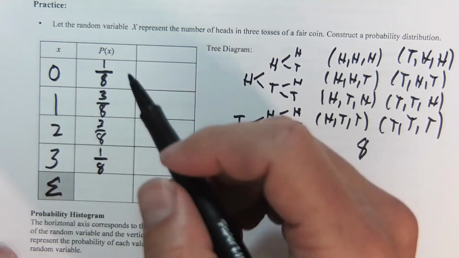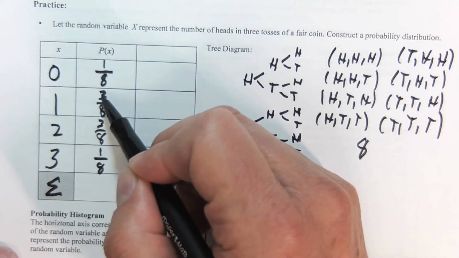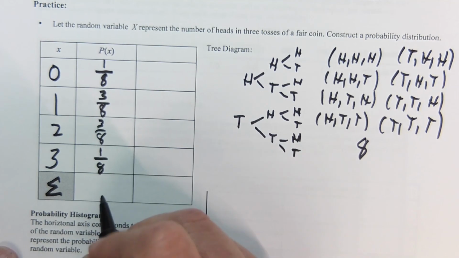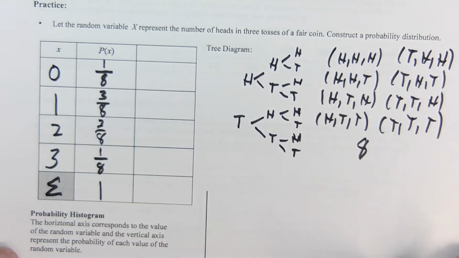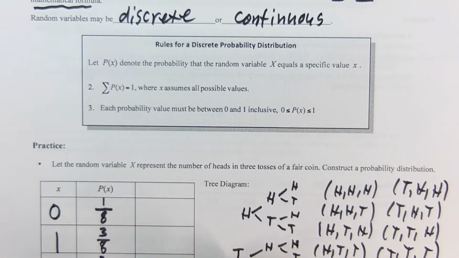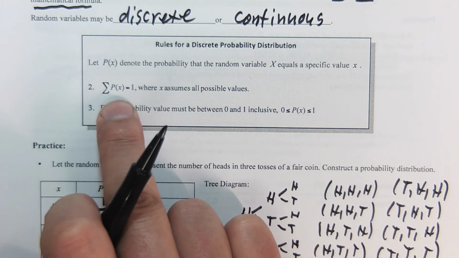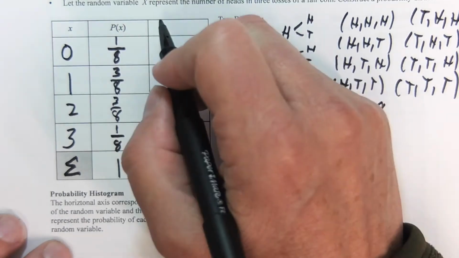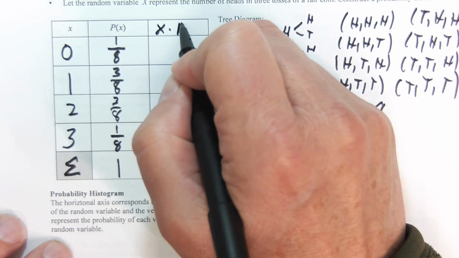Now I want to point out, when I add up all the probabilities, 1 plus 3 is 4, plus 3 is 7, plus 1 is 8. That's 8 over 8. That exactly adds up to 1. And that leads into here, where when I add up all the probabilities, it should exactly equal 1 every single time. In this column, I'm going to put x times P of x.